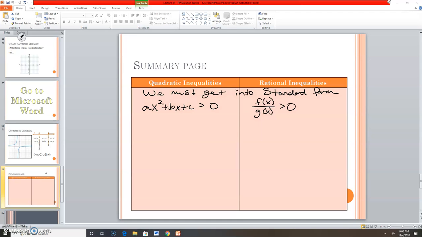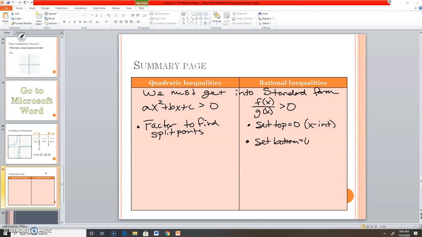Okay, for the quadratic, once I get into the standard form, we factor to find split points. And our split points are the x-intercepts for that. Okay? How do I find my split points over here for my rationals? I'm going to set top equal to 0, and that's going to tell me my x-intercepts. Okay? Remember, the x-intercepts are the ones that can be open or closed circles. Okay? And then I set the bottom equal to 0, and remember, that's going to tell me what my asymptotes are.